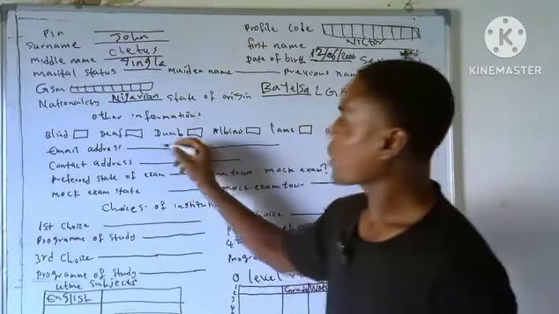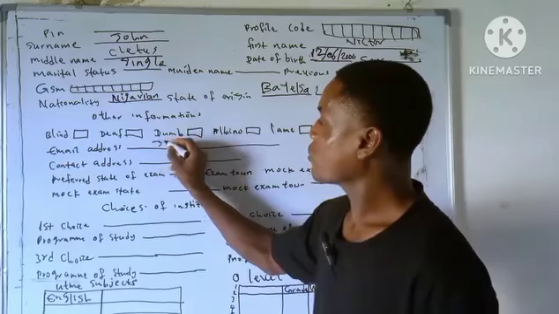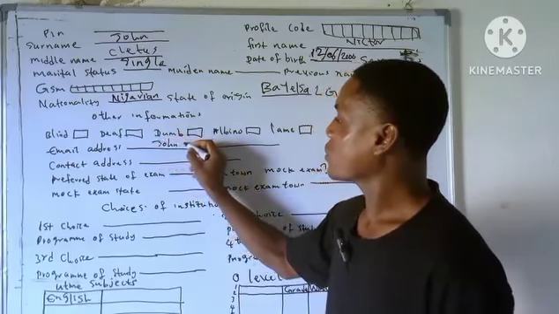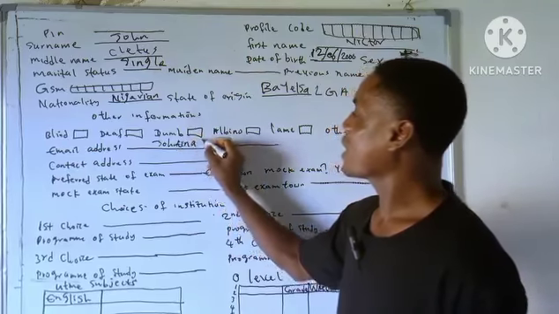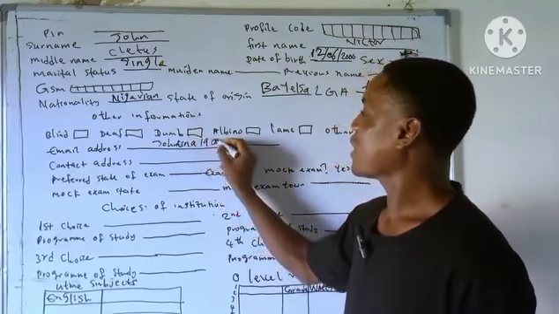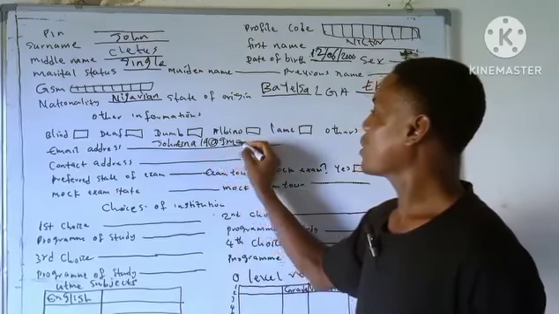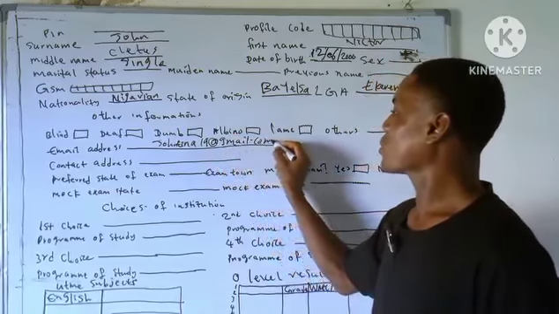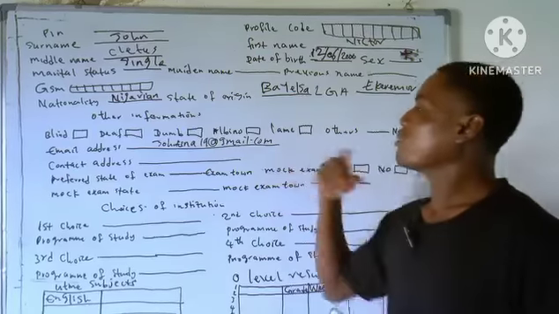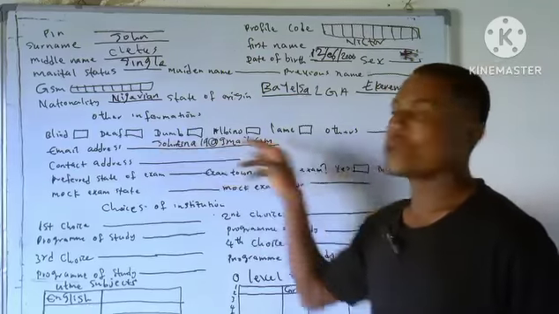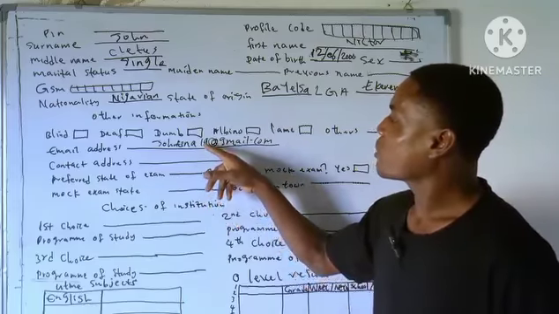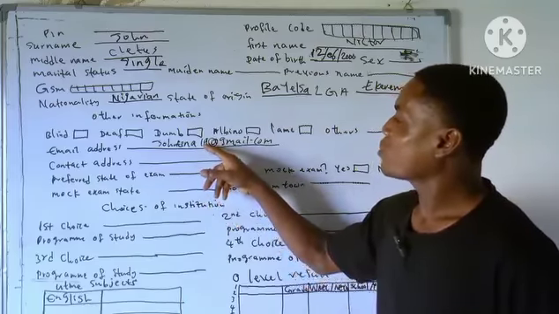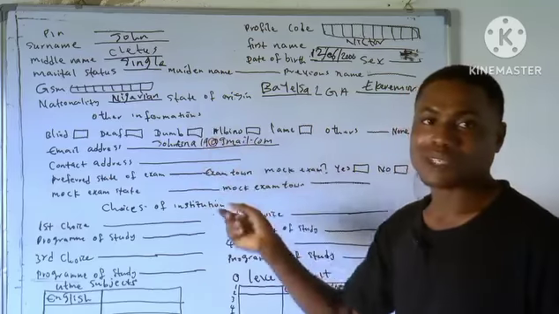Let me say my email address is John John John John Tina 19 at gmail.com. Let me say, for example, this is your correct email address, and some of you just rush and put, in place of 19, let me say 18 or 20.